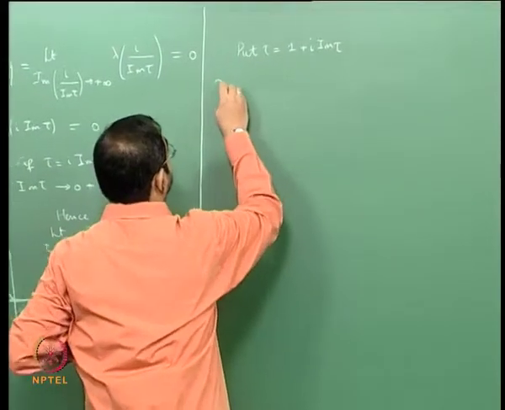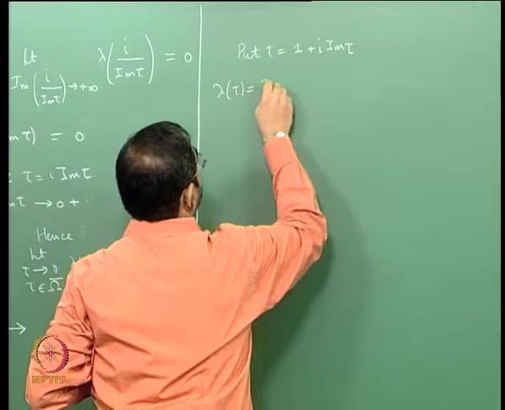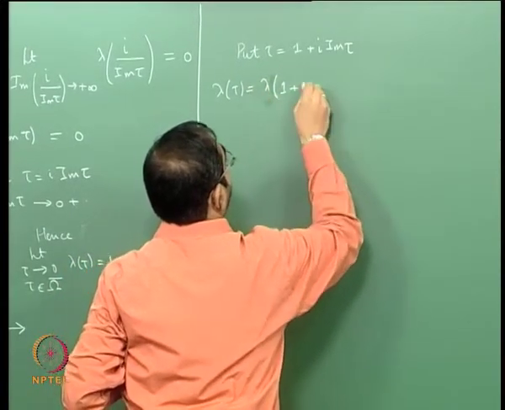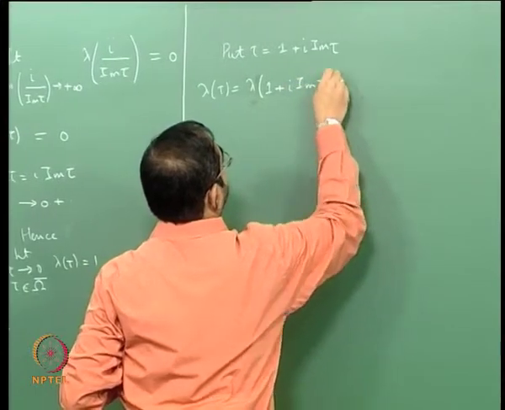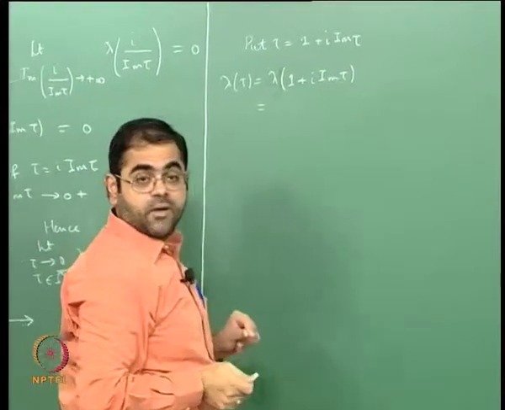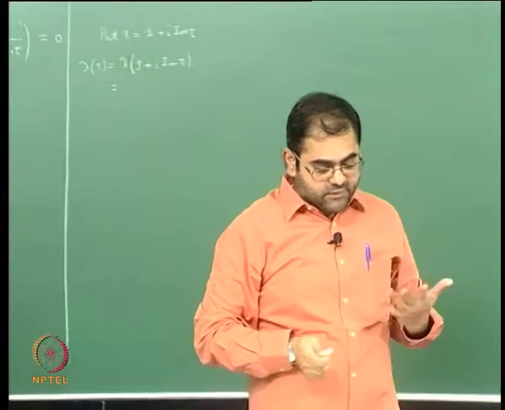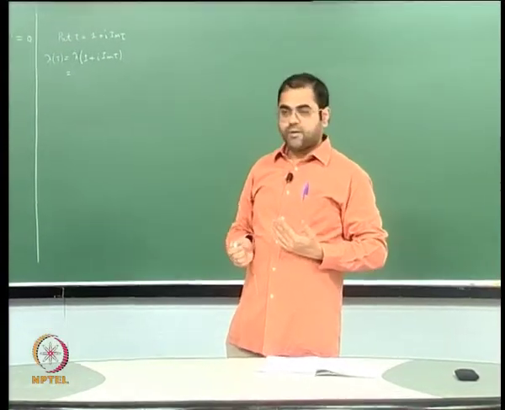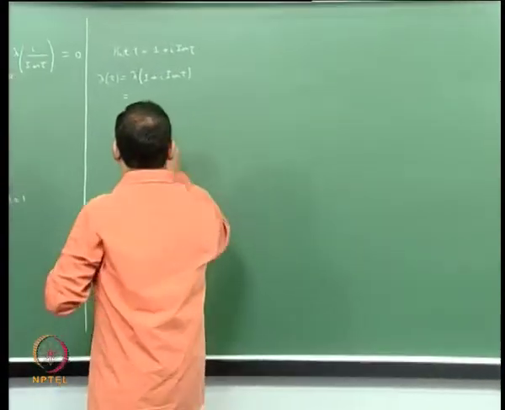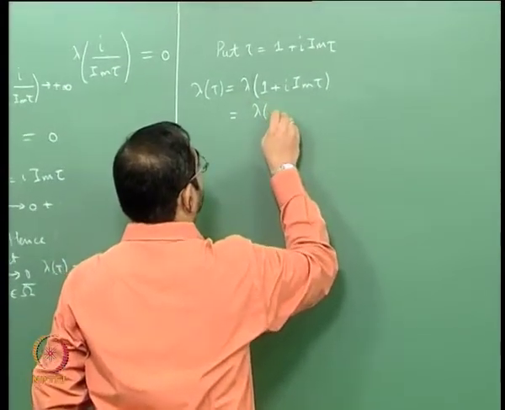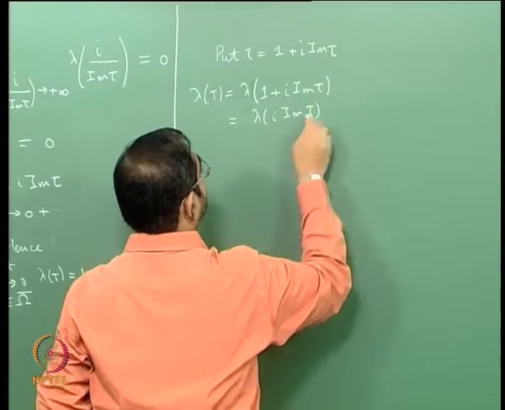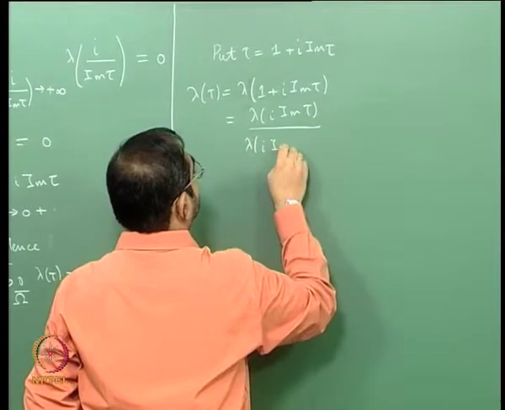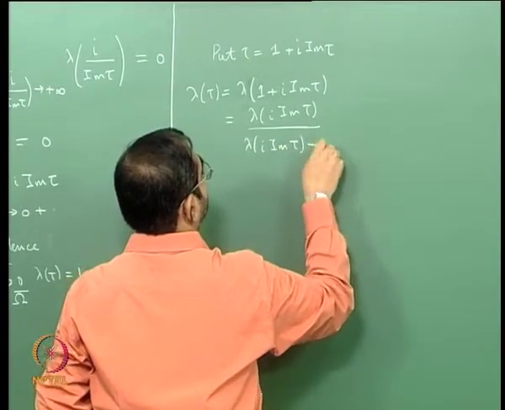So you see lambda of tau will be just lambda of 1 plus I times the imaginary part of tau. Okay, but then there is a functional formula which says that lambda of tau plus 1 is lambda tau by lambda tau minus 1. So this will be lambda of I times the imaginary part of tau by lambda of I times the imaginary part of tau minus 1.